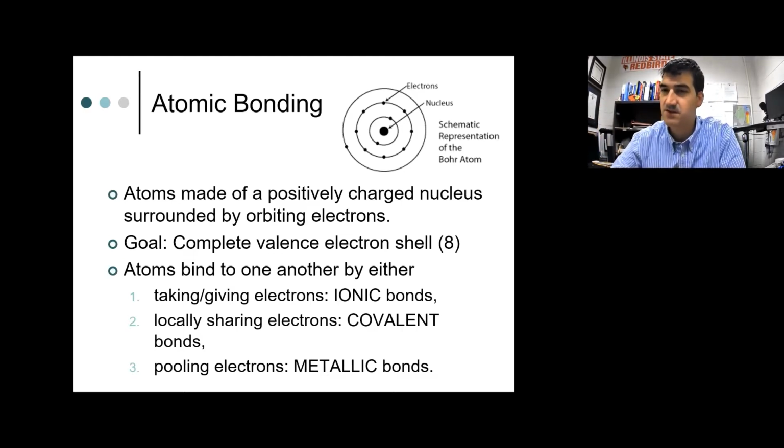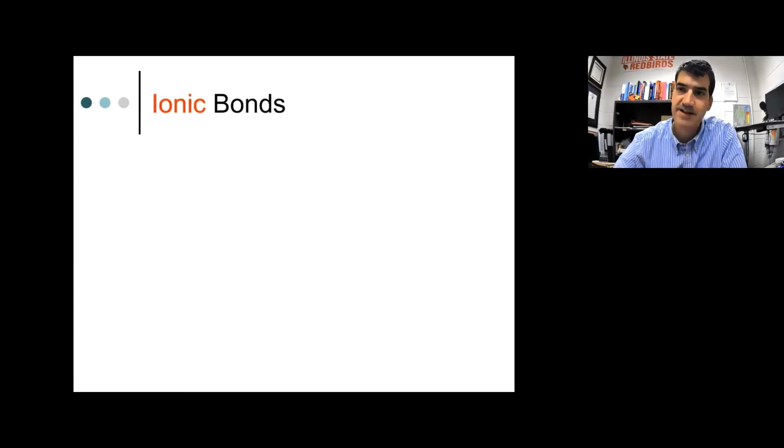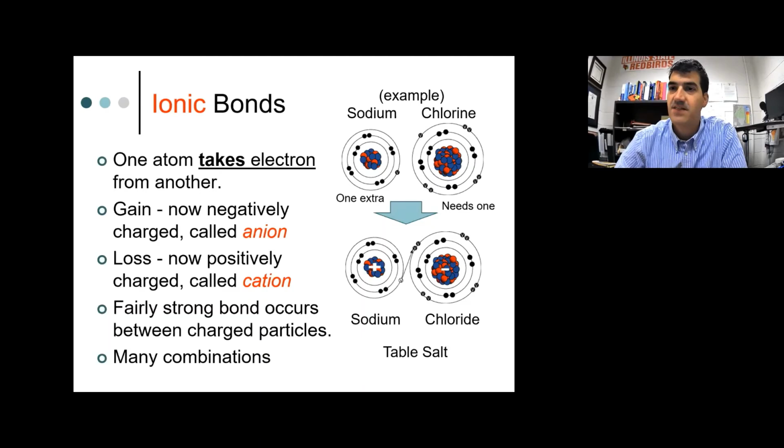All right, so it is unique and distinct from ionic or covalent bonds. All right, so first, ionic bonds. This is where you have one atom that has one or maybe a couple of electrons in its outer valence electron shell. And frankly, it would be more stable if it just gave those away.